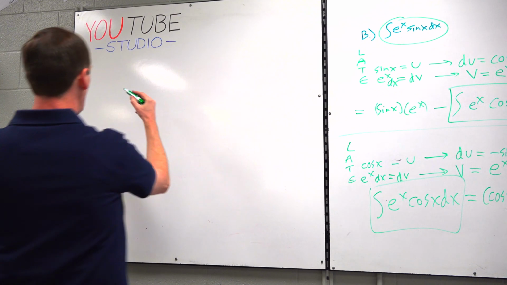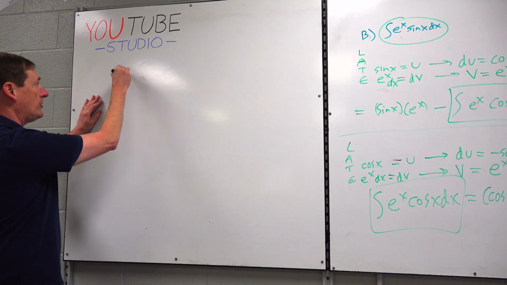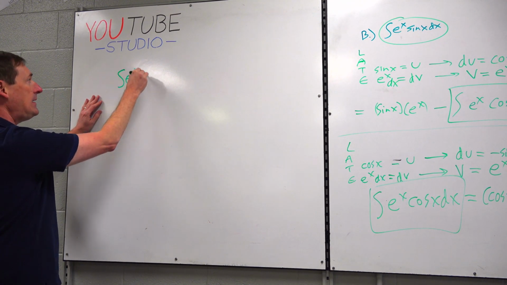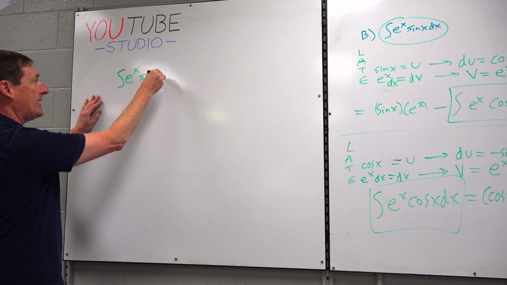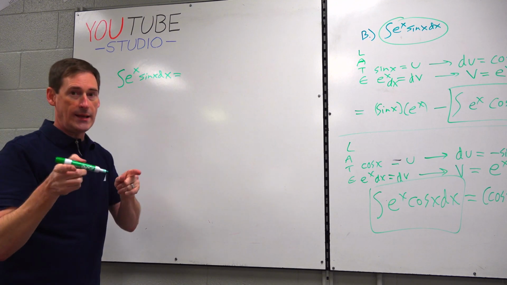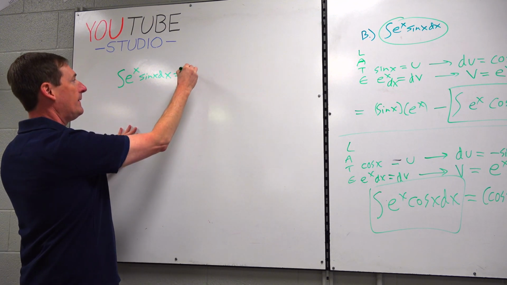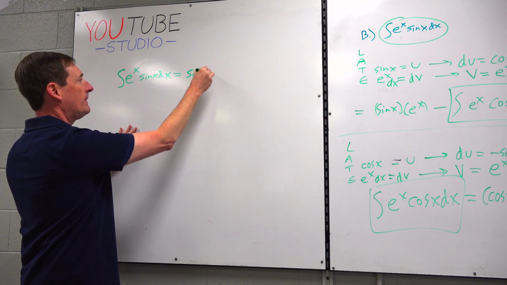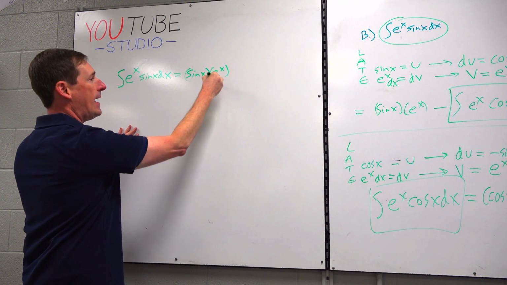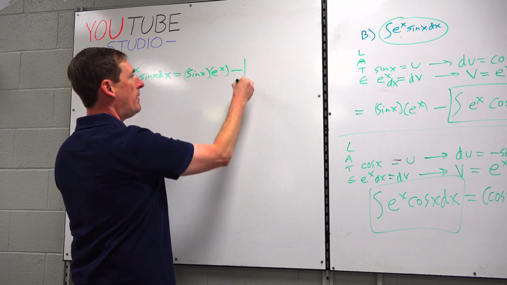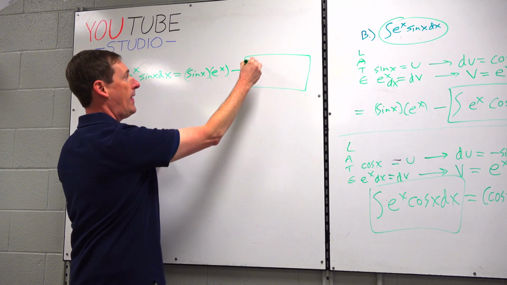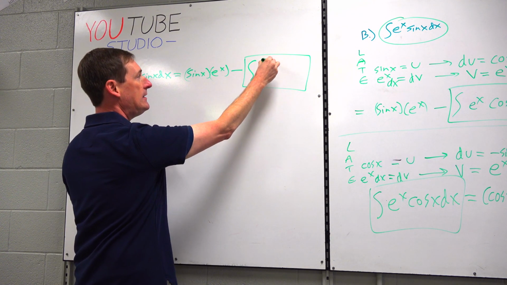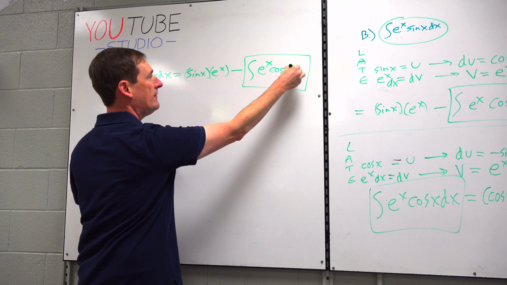All right, so write the original question first. I integrated e to the x sine of x dx, right? What did I get? I got sine of x times e to the x minus box, here's my box, integration of e to the x cosine of x dx.